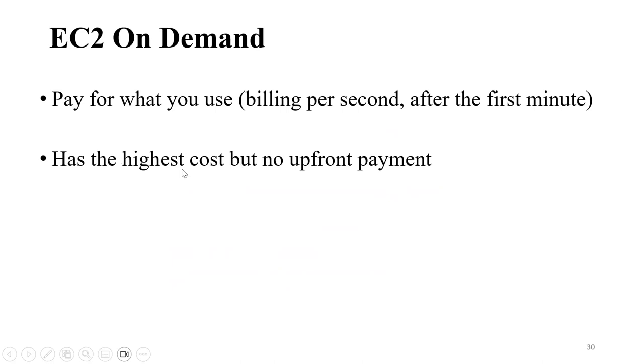The highest cost is based on region, demand, instance type, capacity of that instance, EBS, storage optimized, network optimized, all these points are considered, but no upfront payment. That means the invoice will be generated monthly, and we need to pay monthly.